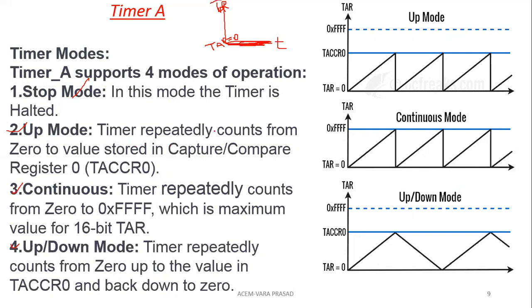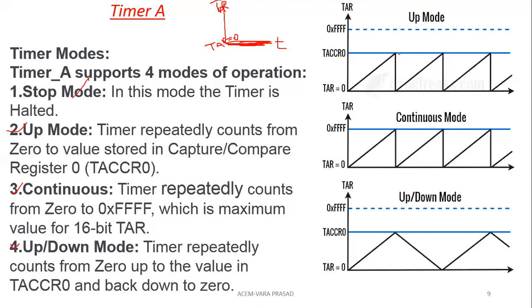Up mode means, please observe. In up mode, the TR count increases up to the maximum value available in the Timer A CCR register, not FF, but the value available in the CCR register.